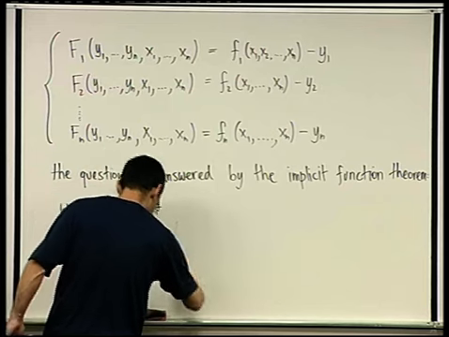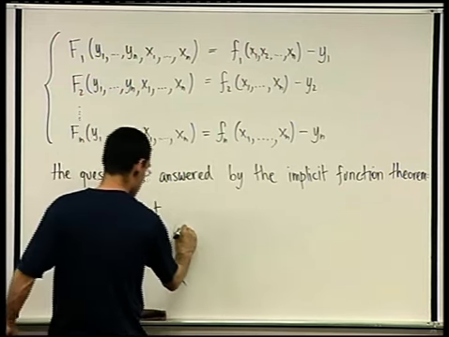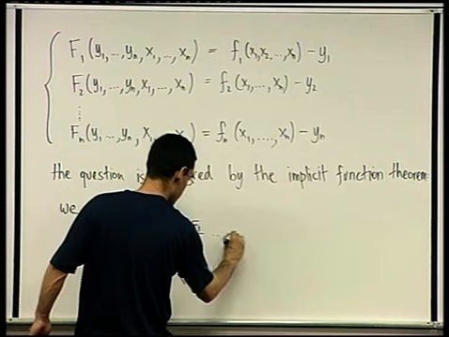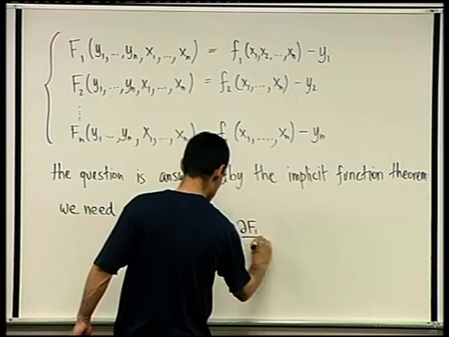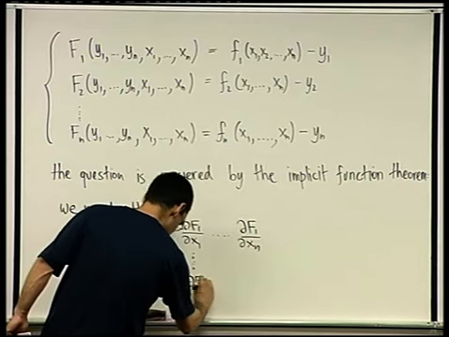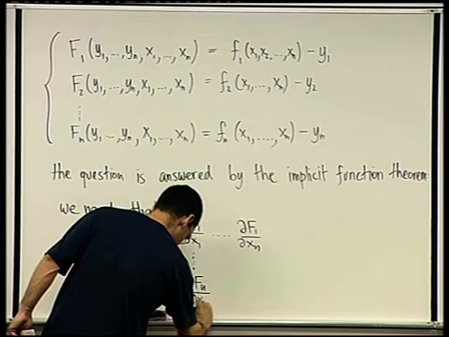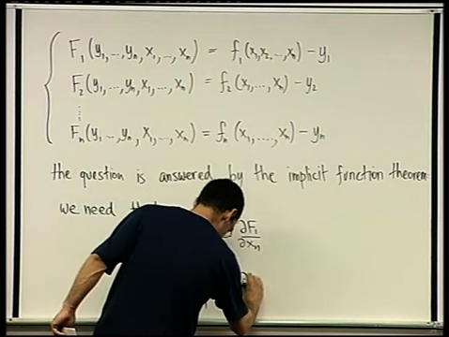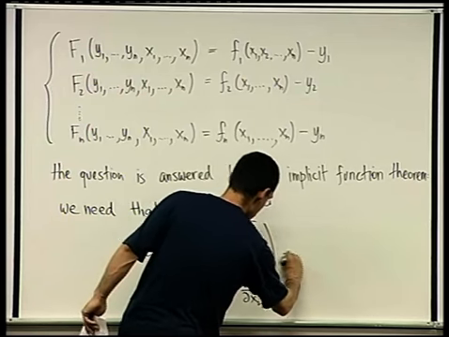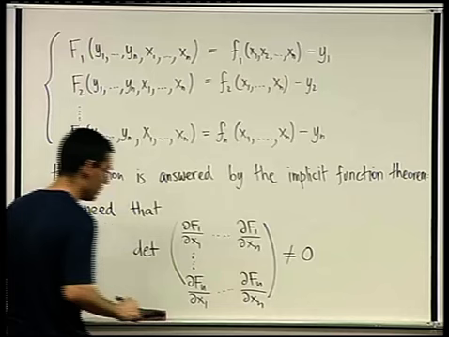The determinant of what? Of df1 to dx1 up to df1 to dxn, and down here up to dfn to dx1 and dfn to dxn. We need that this be not zero.